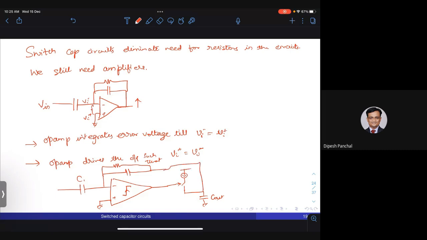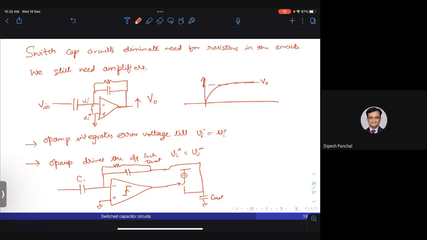Basically what this does is, in the op amp case, for any small difference of Vin, Vout charges exponentially to the final value V naught, which will make the input difference 0.